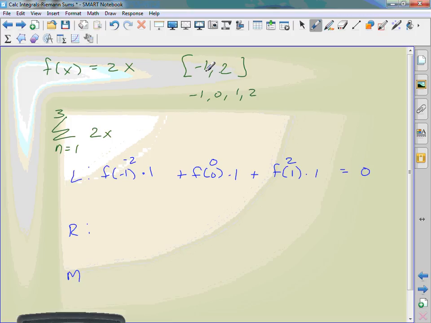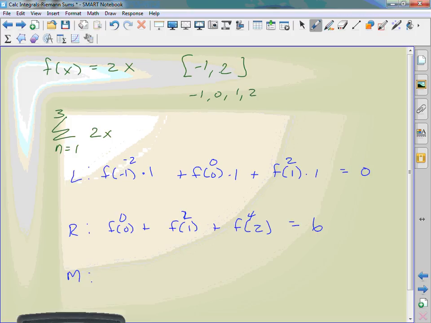But whenever I do the right, I disregard the first one and go f of 0 plus f of 1 plus f of 2. It's all 1s. F of 0 is 0. F of 1 is 2. F of 2 is 4. 2 plus 4 is 6.